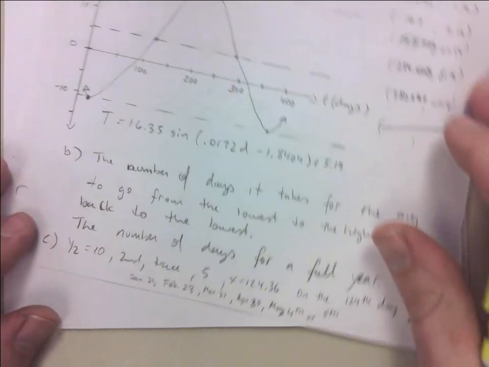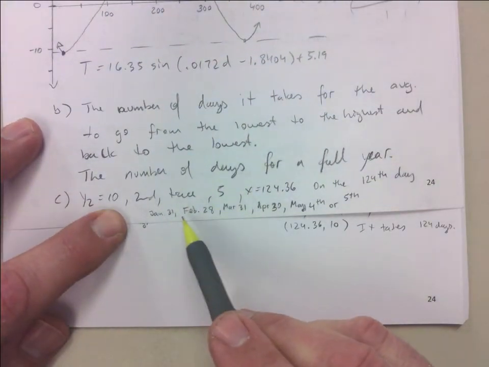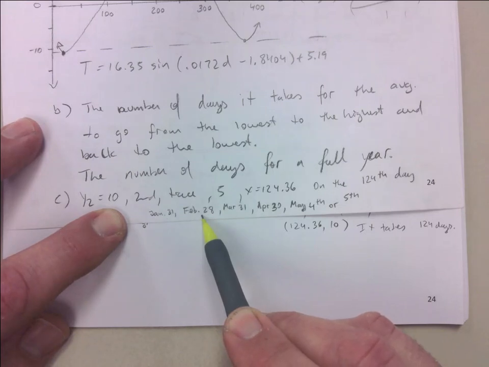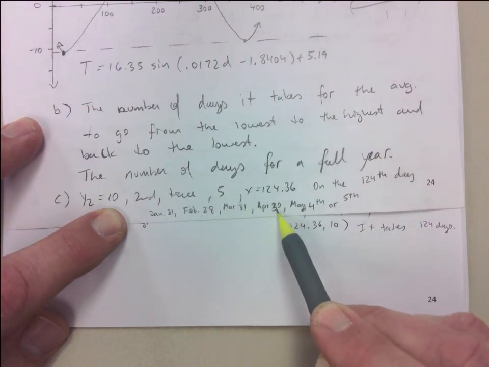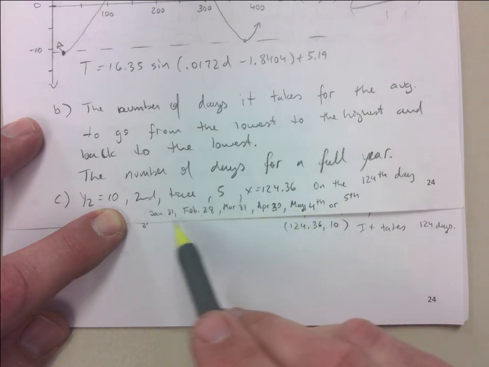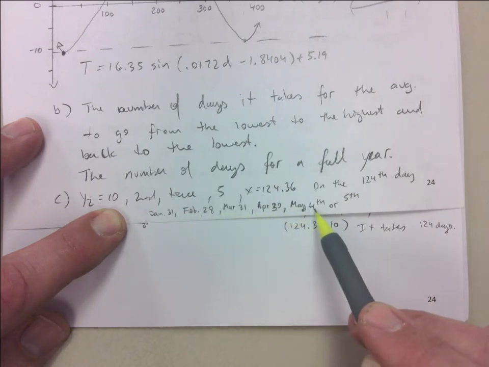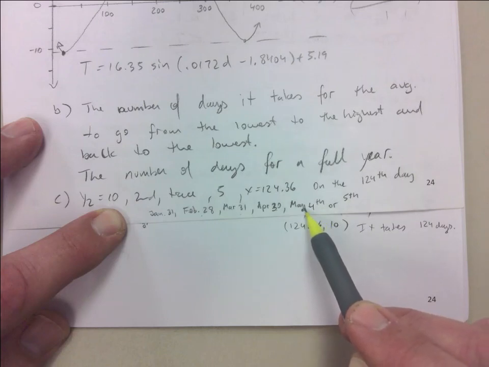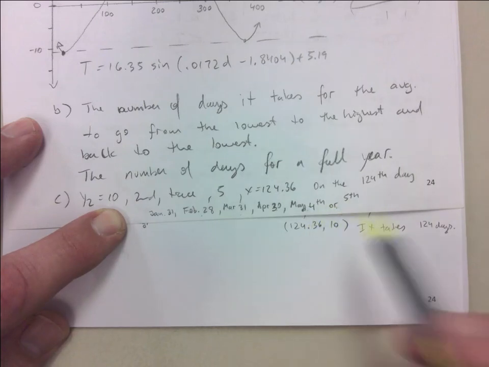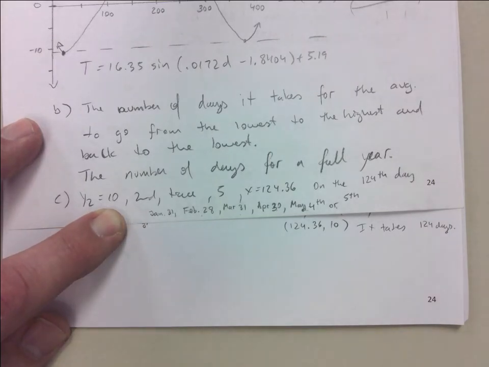Anyways, that's the rule. So if you do the math, 31, February usually has 28 days, March has 31, April has 30. If you add that up, and then keep going, it takes you to May 4th or May 5th in this case. Just about.